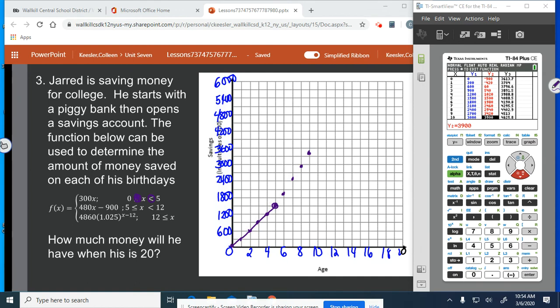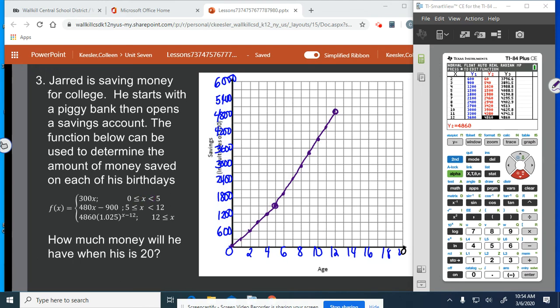Which is actually right here. And 11 is 4,380. And last, 12 is 4,860. And that's going to be an open circle because, again, that's when he changes how he's saving.